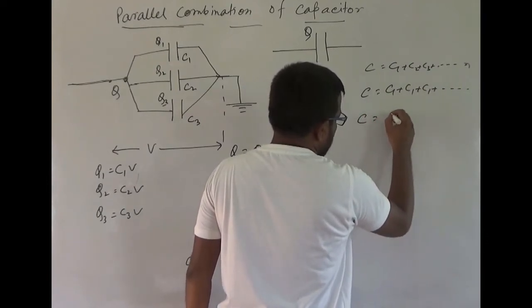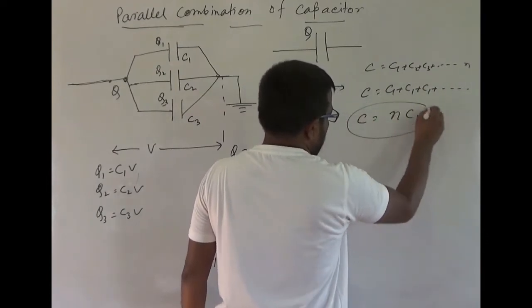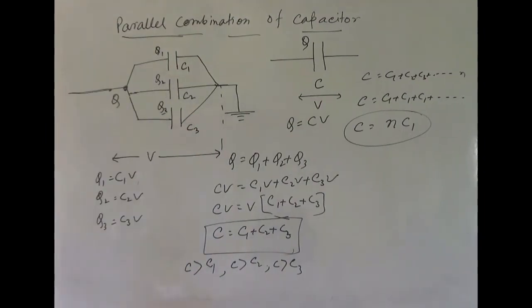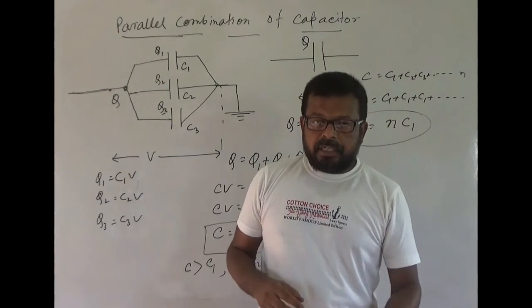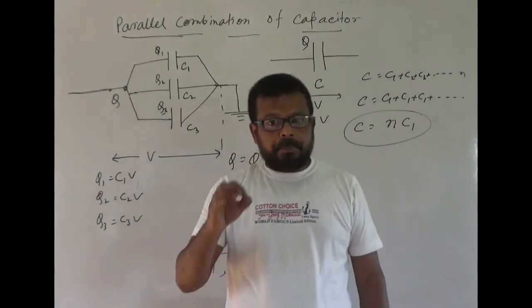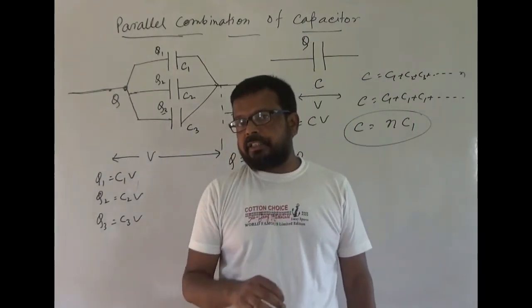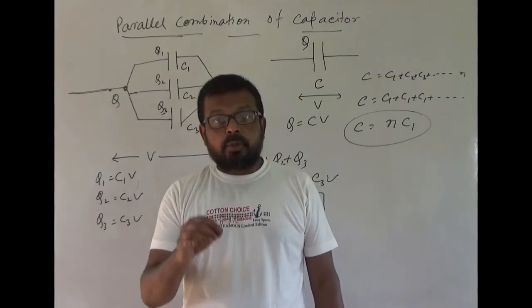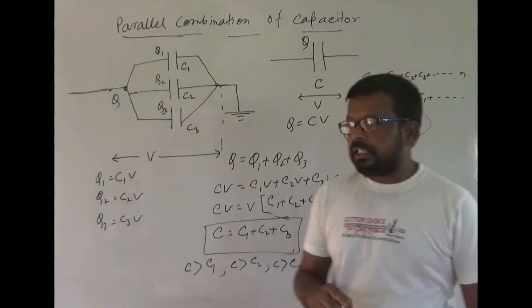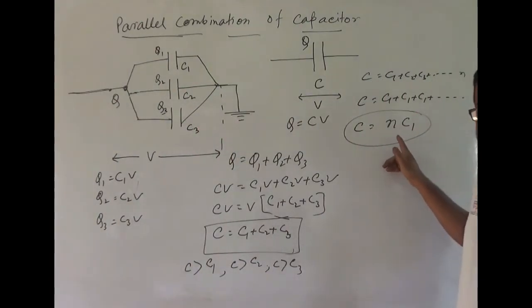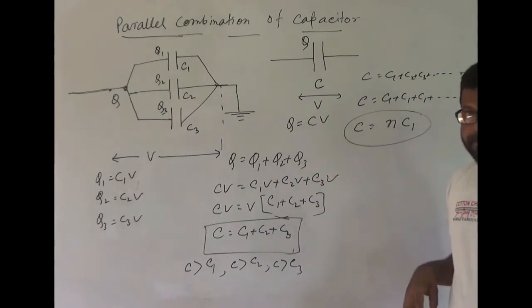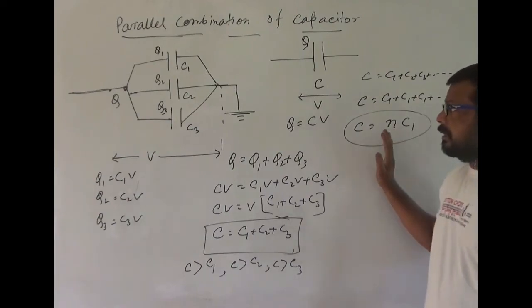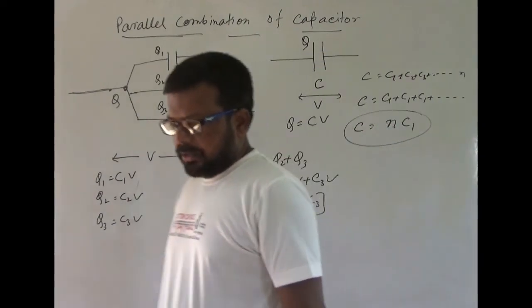That means C is equal to n into C1. So the effective capacitance of a parallel combination of n capacitors with the same capacitance C1 is equal to n into C1, that is n times each capacitor. This is for parallel combination.